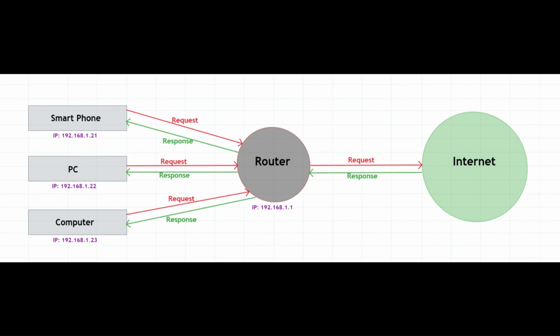Therefore, we can infer that the number at the end of the IP address identifies the number of the device. We see that the end of the IP address of the phone is 21. This means that the phone is the 21st device on the network. This means that the devices are able to access the Internet through the first device, router. What proves this is the IP addresses of the devices.